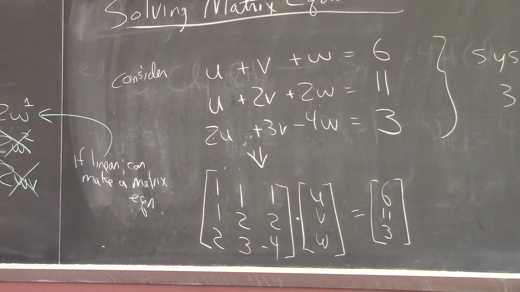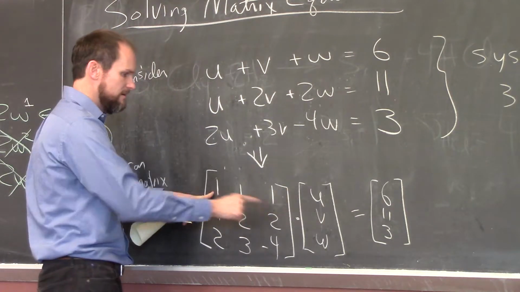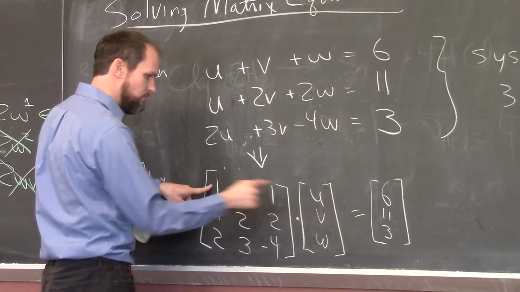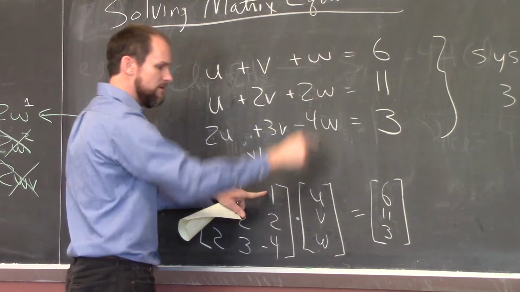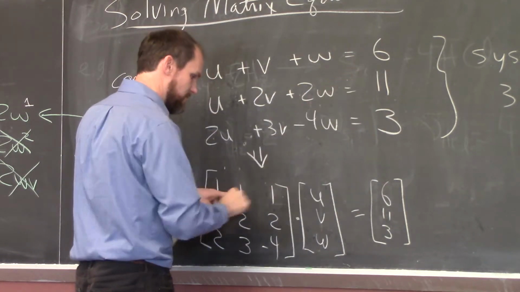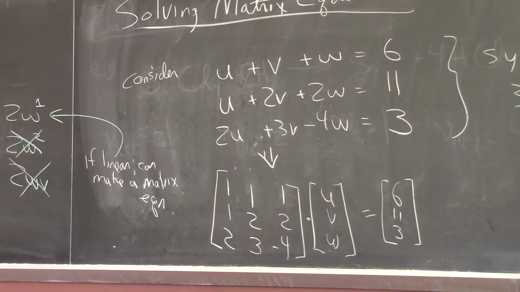So it's the same system of 3 equations and 3 unknowns. When we read this, the dot product goes across a row and down the column. So we have 1u plus 1v plus 1w, u plus v plus w equals 6 over here. So we can translate the 3 equations to those 3 rows. Any questions on this?